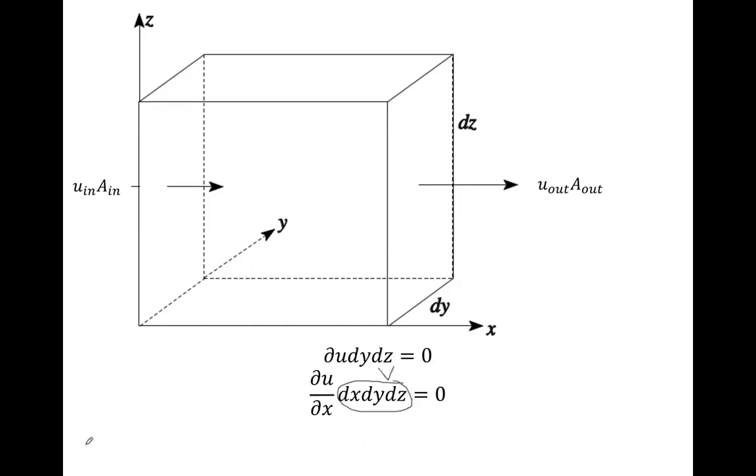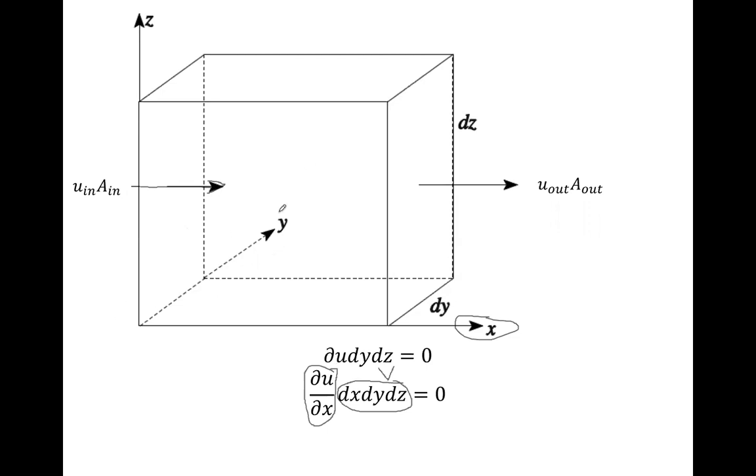Now, right here, I have du/dx because we've only been looking at the volume transport in the x direction. But what we want is the total volume transport into our box and out of our box.